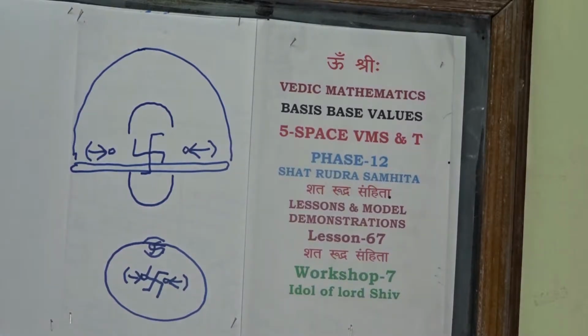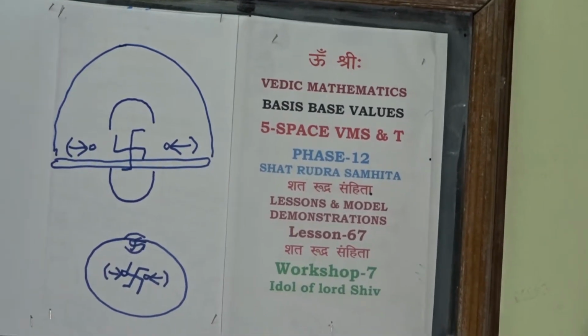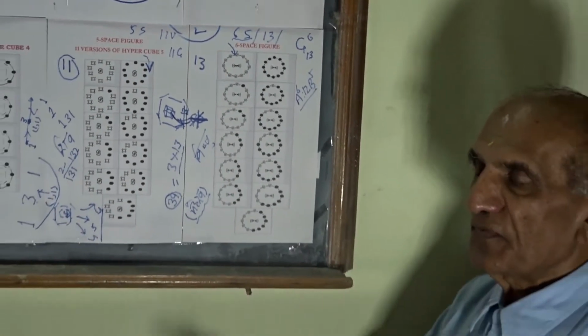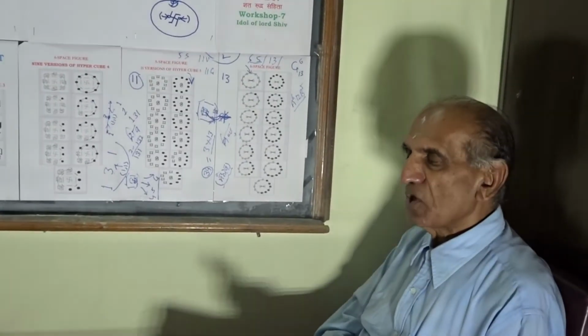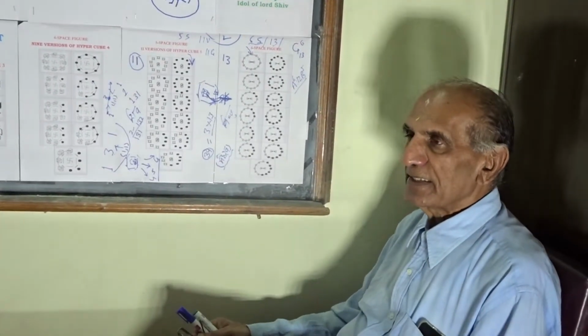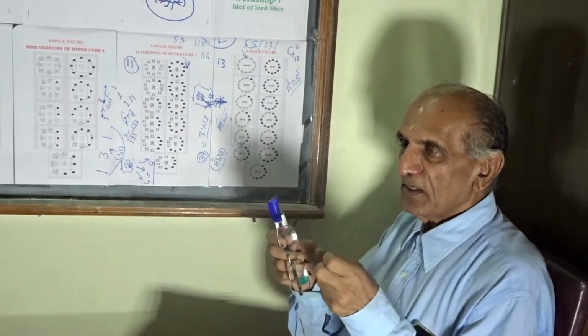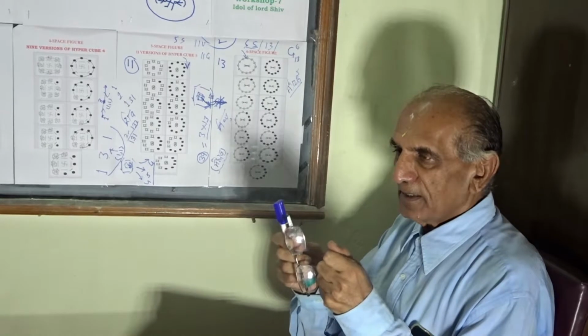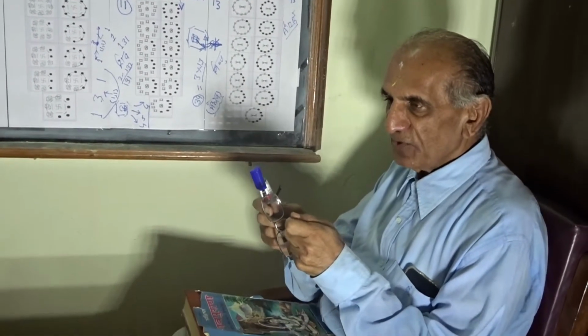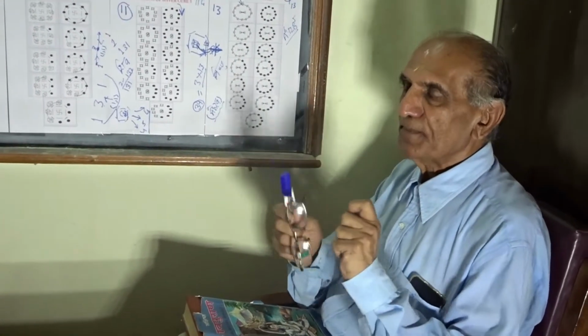Organization wise, one of the methods of having initial entry into, initial exposure to, initial initiation of the discipline of 5-space VMST in terms of Shiv Puran is that Videshwar Samhita shall be approached as an individual source Samhita.